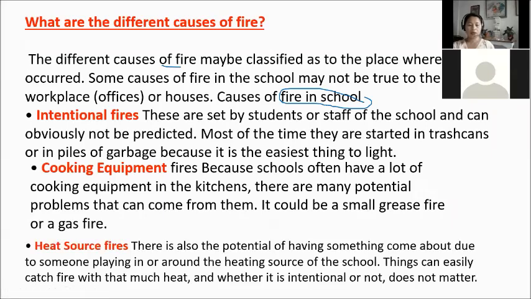And heat sources fires. So there is also the potential of having something come about due to someone playing in or around the heating source of the school. Things can easily catch fire with that much heat, and whether it is intentional or not does not matter.